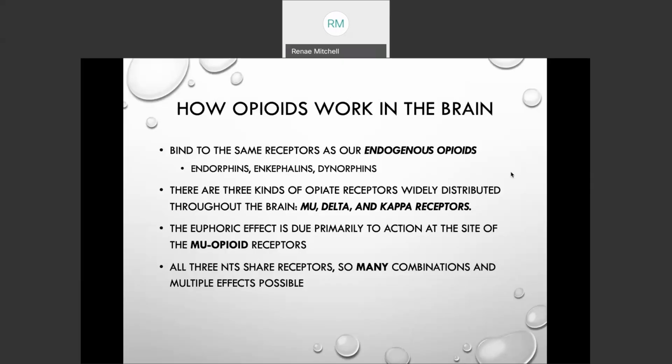should say, also attach. All 3 of the endogenous opioids share all 3 receptors. So there are many combinations of endogenous opioids and receptor sites, and they create a wide range of psychological experiences.